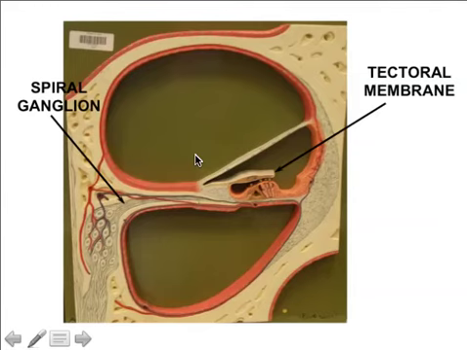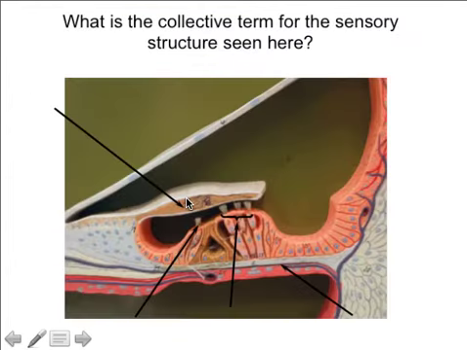Okay, these are the sensory hairs which, when the fluid moves through this organ, the endolymph here and the perilymph here, as they move through as a result of the vibration of the stapes, these hairs start to bounce up and down like so. Okay, and the result is that we open ion gates, we send information back to the spiral ganglia, and then we relay that eventually to the eighth cranial nerve and back to the temporal lobe of the brain.